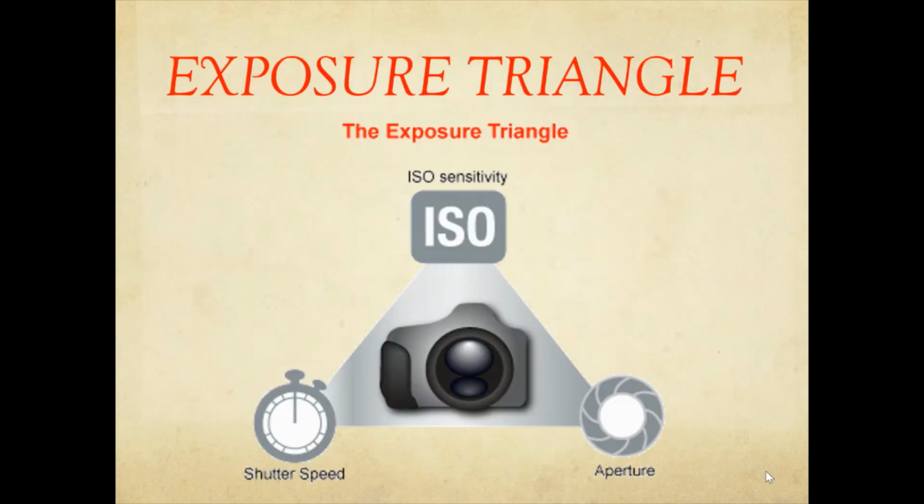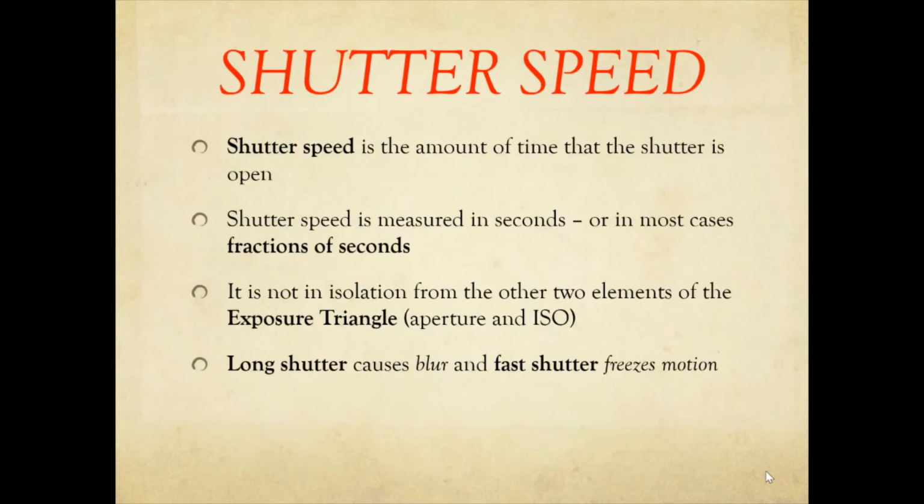Shutter speed is another important aspect of the exposure triangle and of getting your camera to take a properly exposed photo. Shutter speed is the amount of time that the shutter is opened. The shutter is located inside of your camera body, and it's the little door that opens and closes to allow light into the camera and to capture the image.